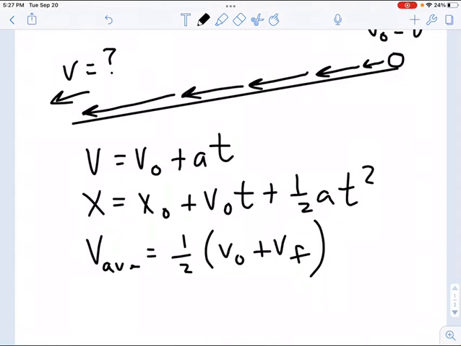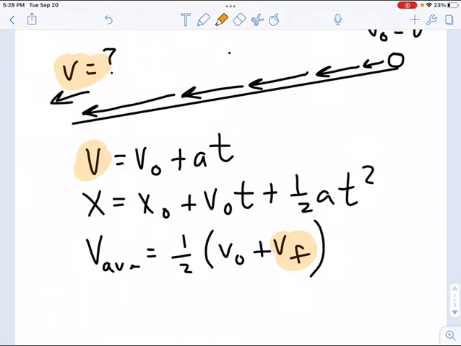So the question is, what are we trying to find? We're trying to find final velocity right here. That would be this part of the equation. Now, final velocity is also here. So there might be more than one way to arrive at this.